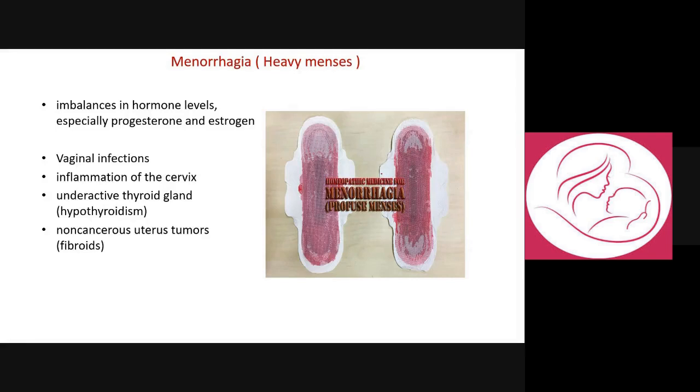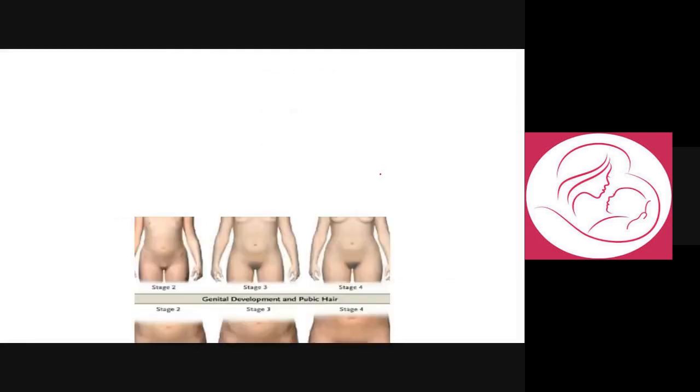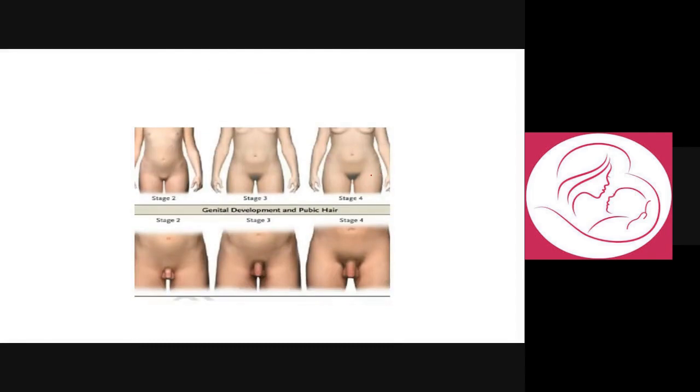Having discussed all these things, I am taking my discussion to the next topic: infertility in male as well as female. This image shows the transition of male and female from the adolescence phase to a mature age.